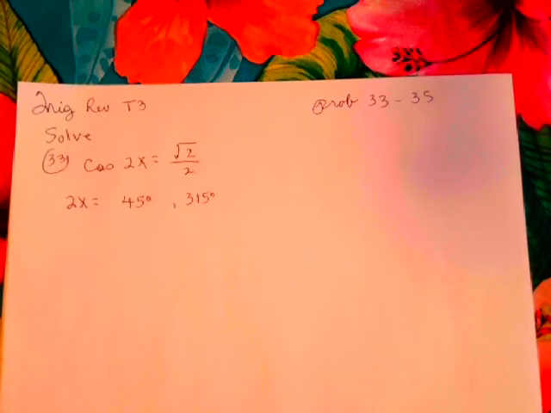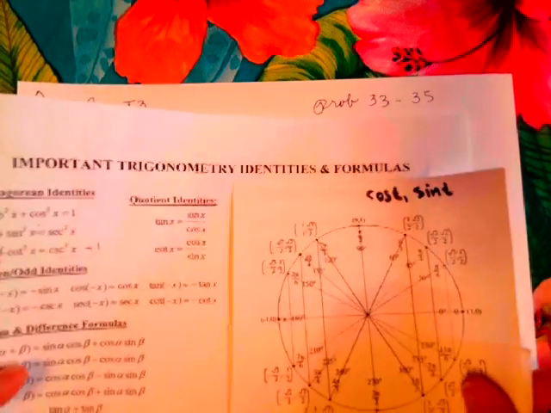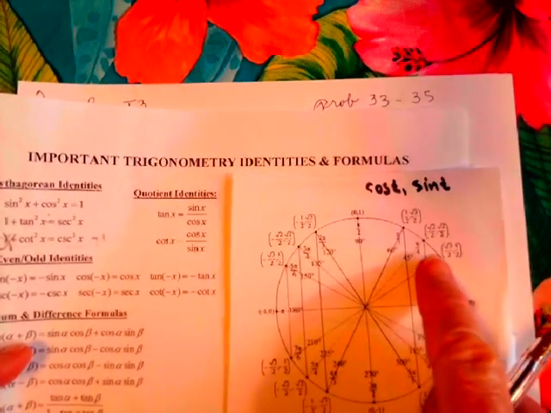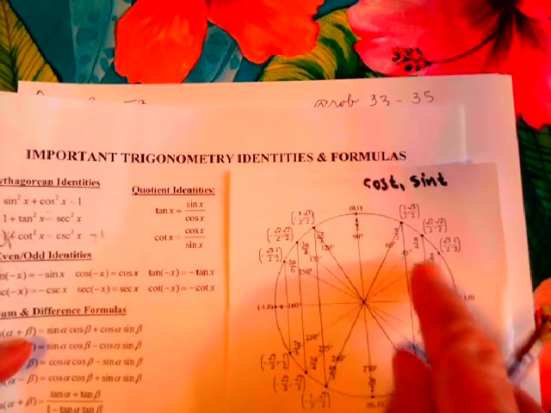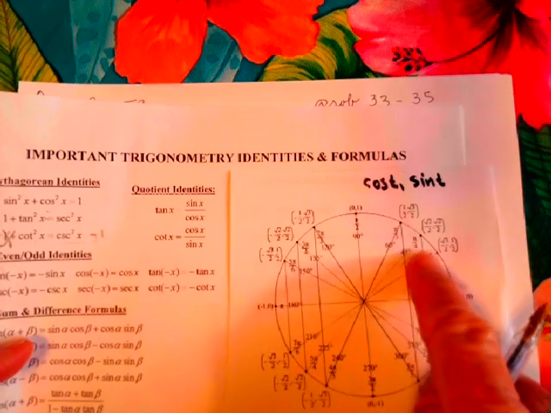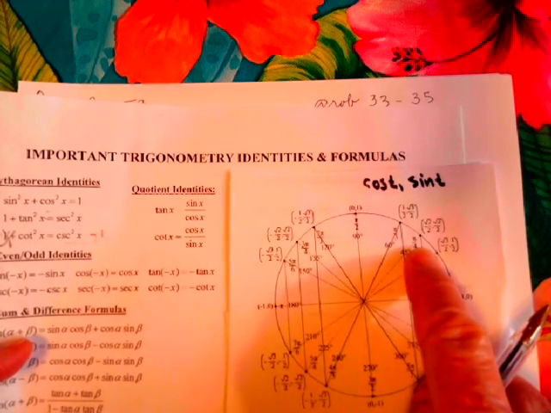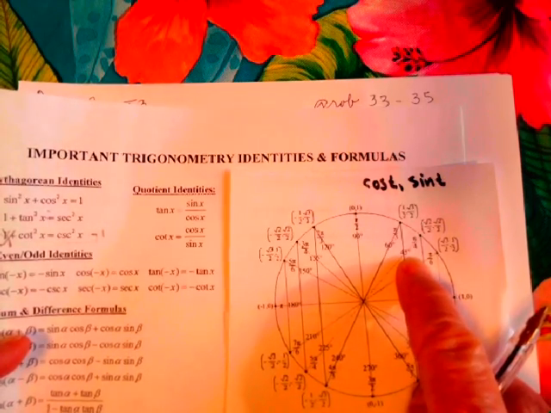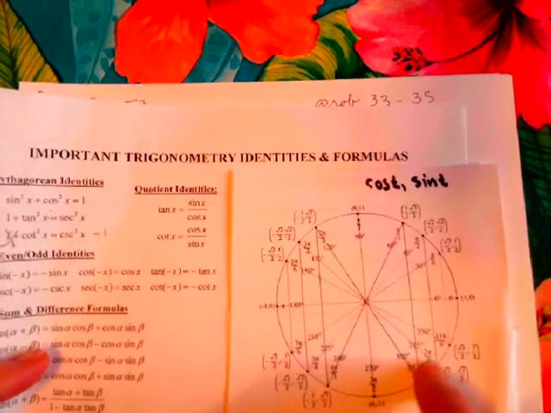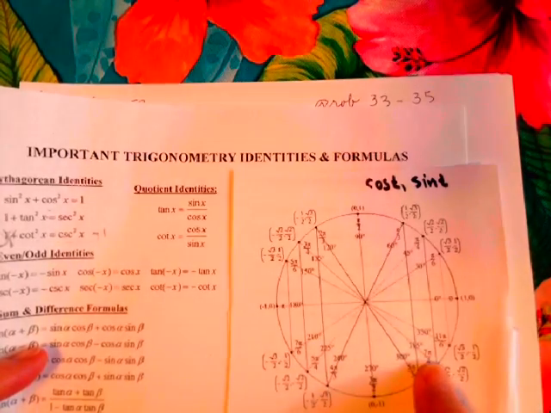Looking at your unit circle, those are the two places where cosine is positive square root of 2 over 2. But I got to go around again, since that's 2x, so that's 45 plus 360, and then I got to do 315 plus 360.